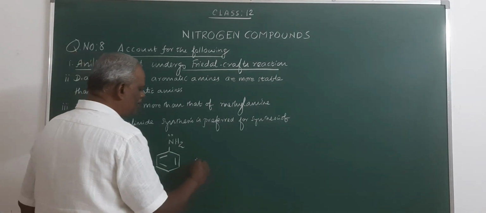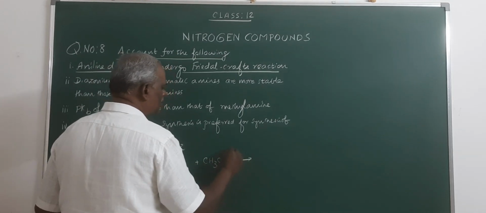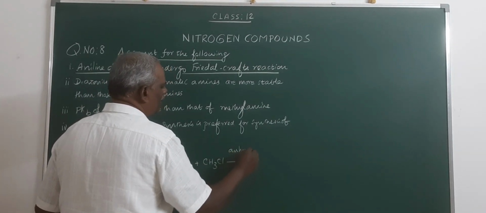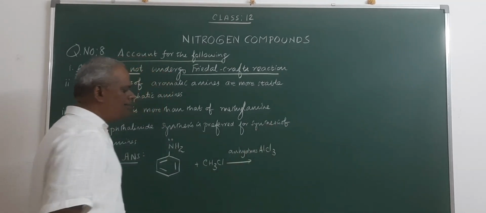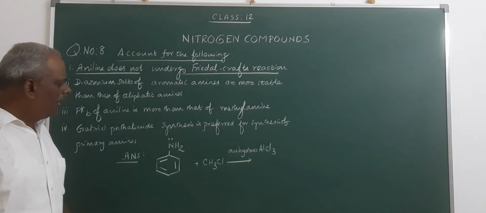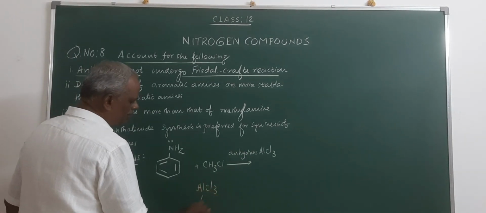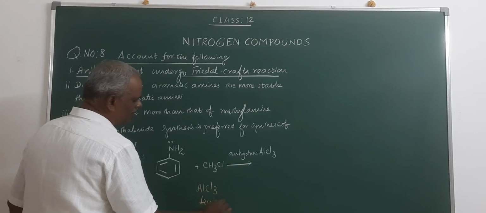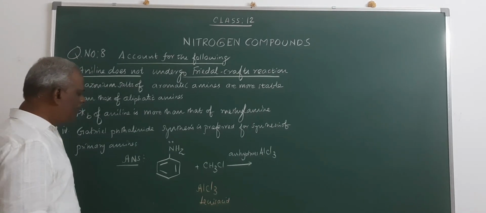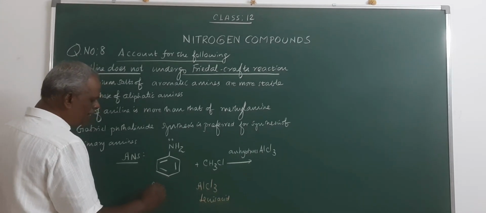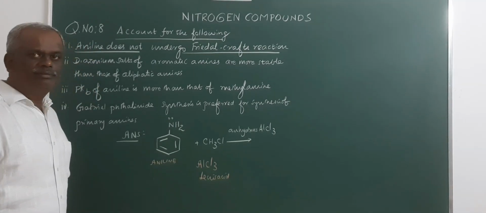When this is treated with CH3Cl in presence of anhydrous aluminium chloride, AlCl3: actually, this anhydrous aluminium chloride, AlCl3, is a Lewis acid, and the amine we have taken here, aniline, behaves like a Lewis base.